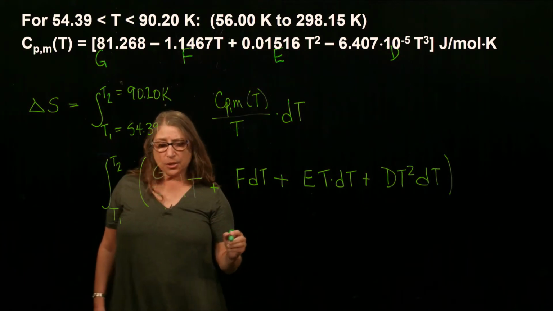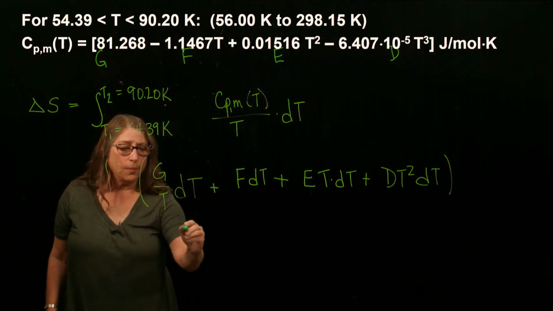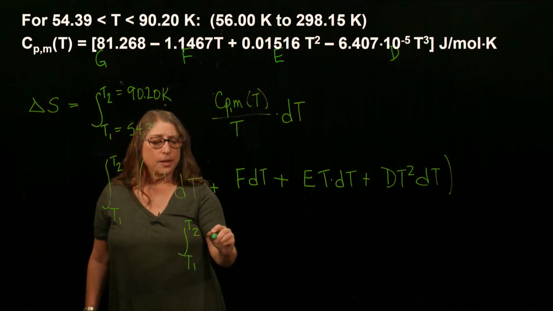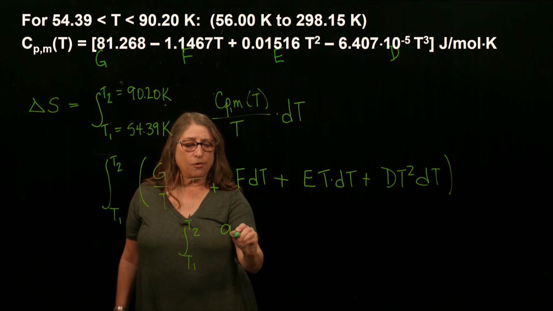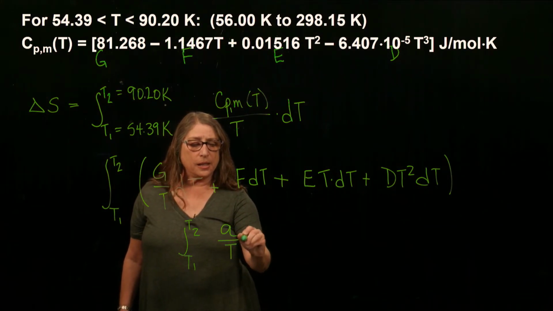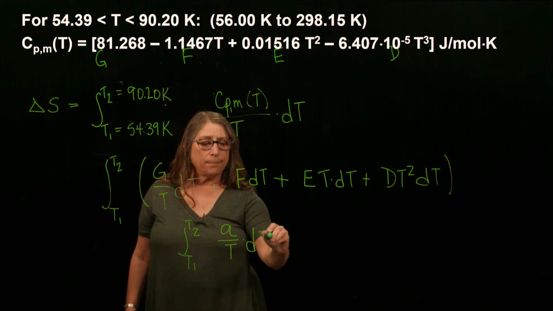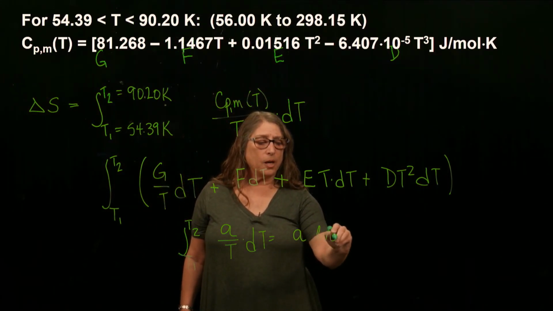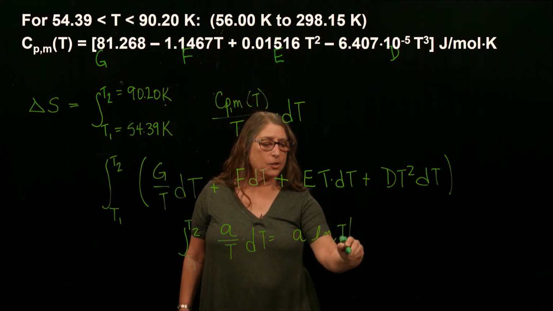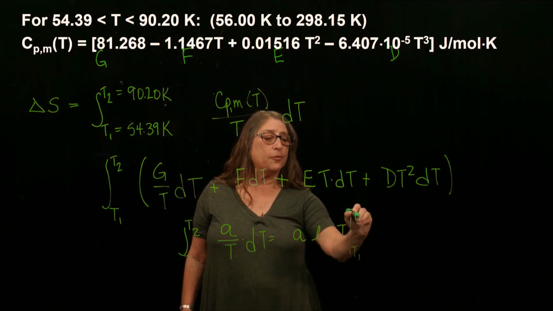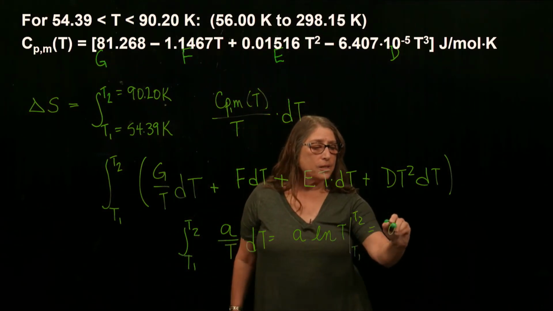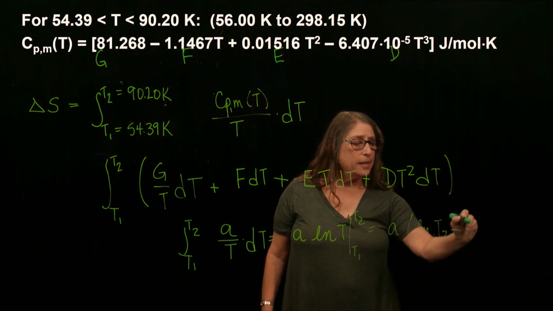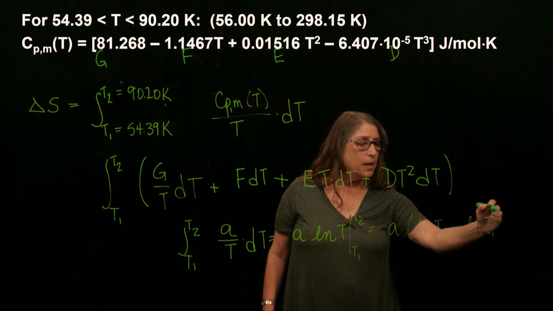So in order to integrate, there are 2 things I need to know. One is from T1 to T2, the integral of any coefficient A divided by T times dT is equal to that coefficient times the natural logarithm of T evaluated from T1 to T2, which is A times the natural logarithm of T2 minus the natural logarithm of T1.